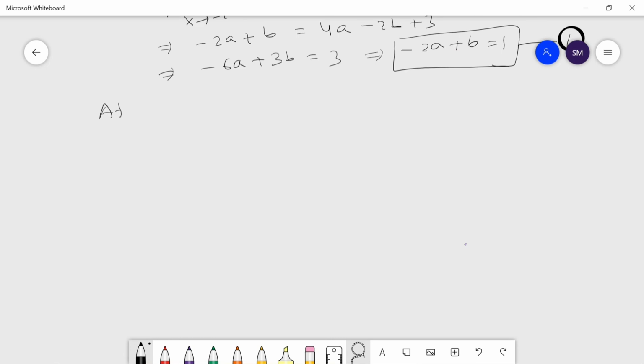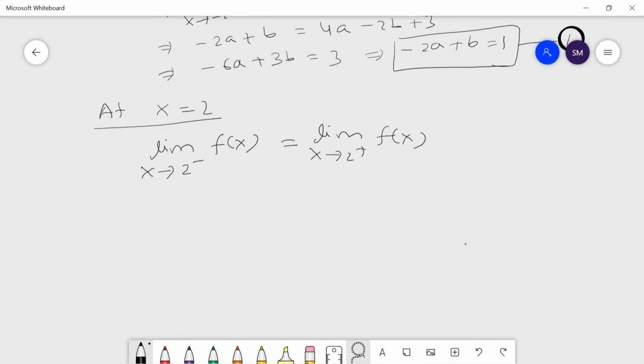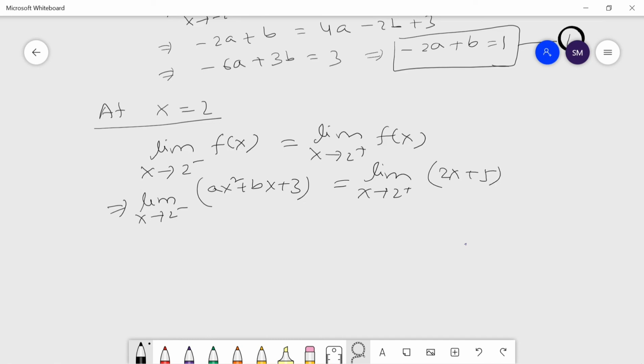Next, at x equal to 2, we have limit x tends to 2 minus of f of x equal to limit x tends to 2 plus of f of x. This will give you limit x tends to 2 minus of ax square plus bx plus 3 equal to limit x tends to 2 plus of 2x plus 5.